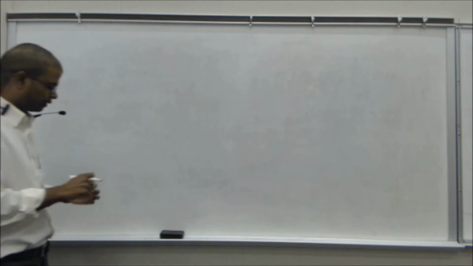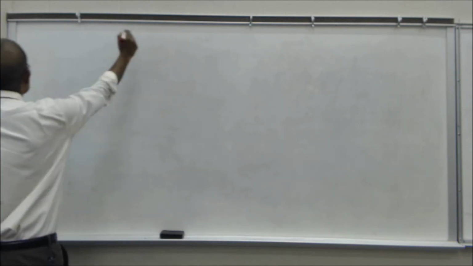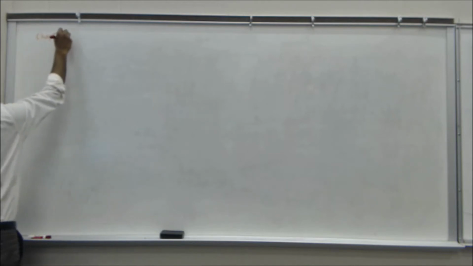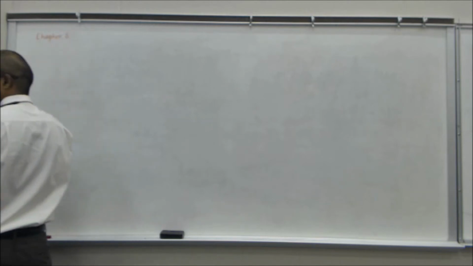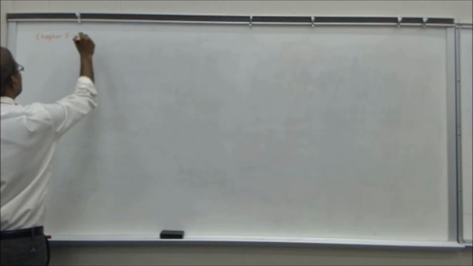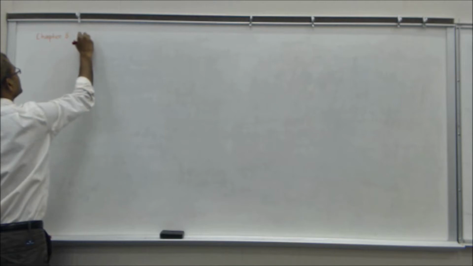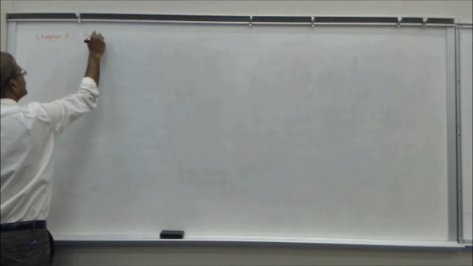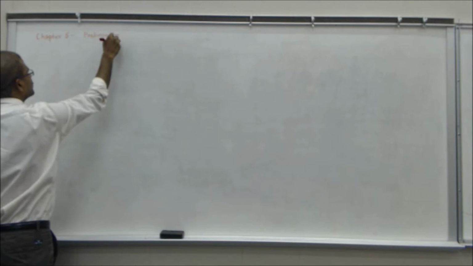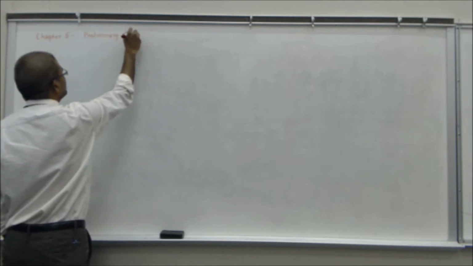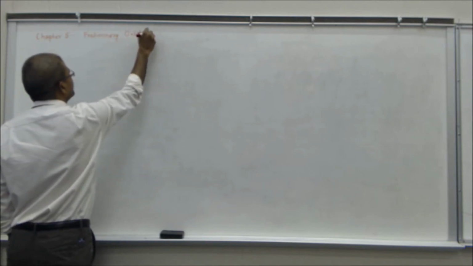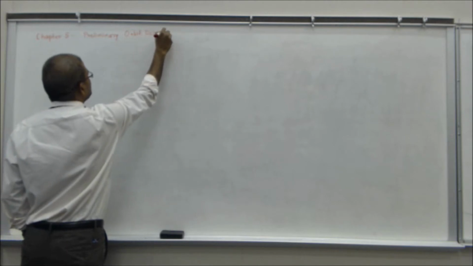So chapter 5 is preliminary orbit determination. Okay. Have we done orbit determination?